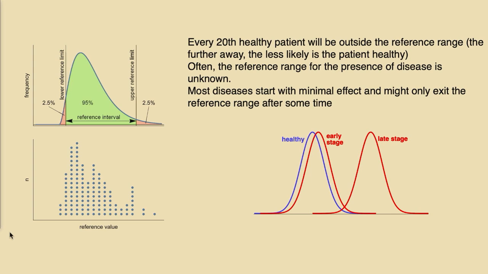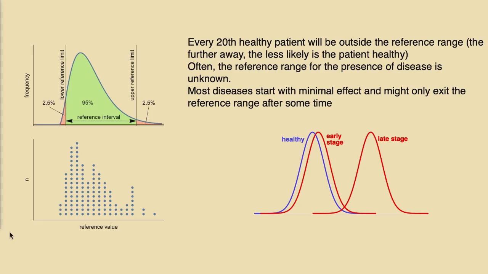And of course, if someone has a value more towards the edge of the reference range, you might say, well, maybe it was someone who, when still healthy, had a relatively large value, and now it moved a bit within the reference range, but it just hasn't crossed the line yet. That could be a possible interpretation if there are other signs of disease.